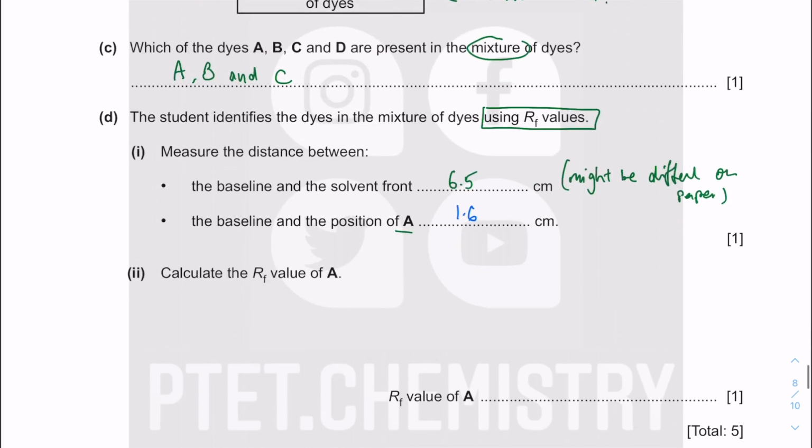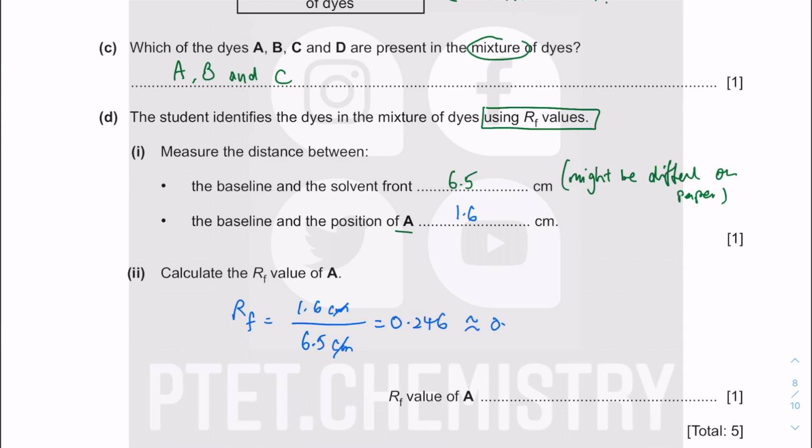So RF value is calculated as the distance moved by the substance from the baseline, that was 1.6 cm, divided by the distance moved by the solvent to the solvent front. So I'll pop that into your calculator. 1.6 divided by 6.5. The units cancel out, so RF is a ratio, so there's 0.246.